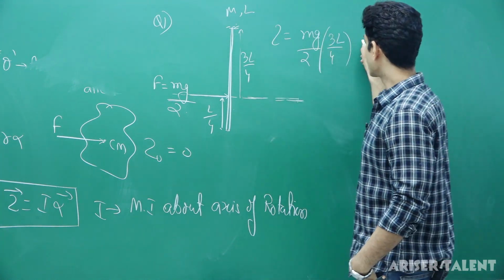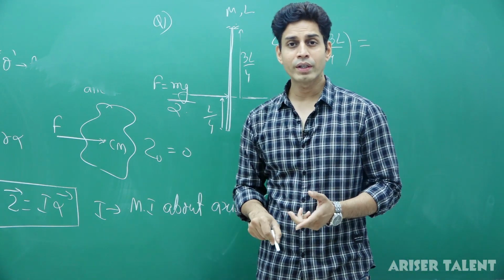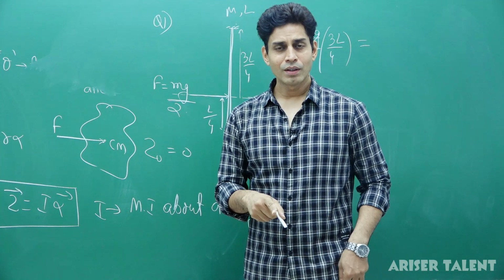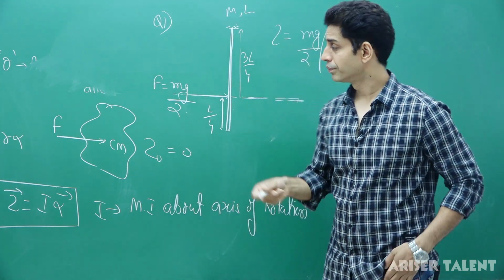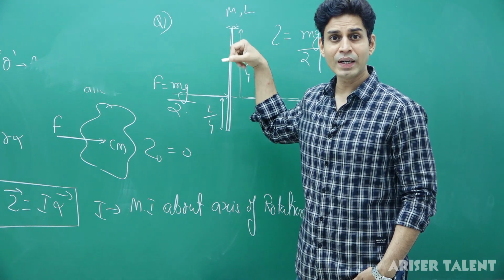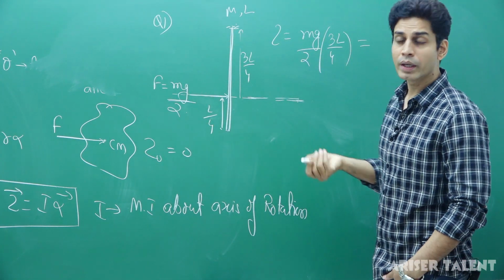This is the torque, and that should be equal to I alpha. Now I of a rod is how much? I about the axis of rotation. Now this axis of rotation passes through one of the ends and is perpendicular to the length. So it is mL square by 3.